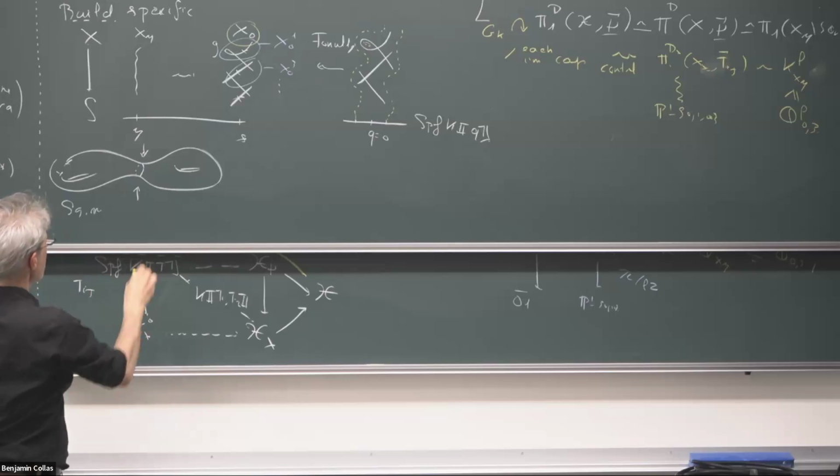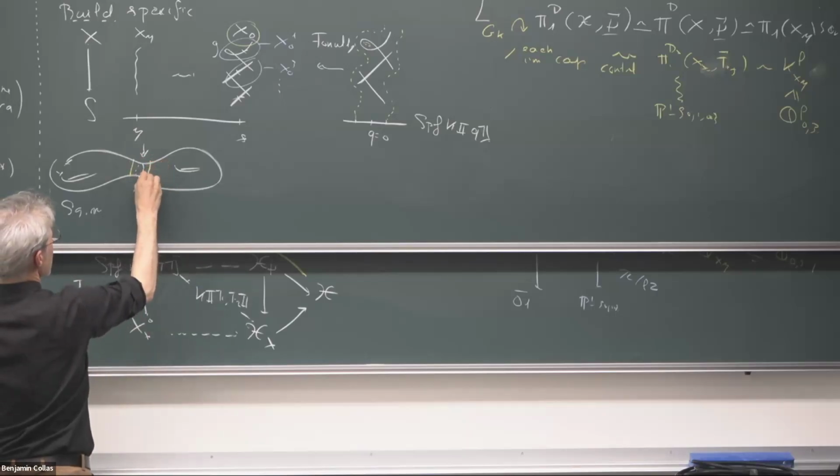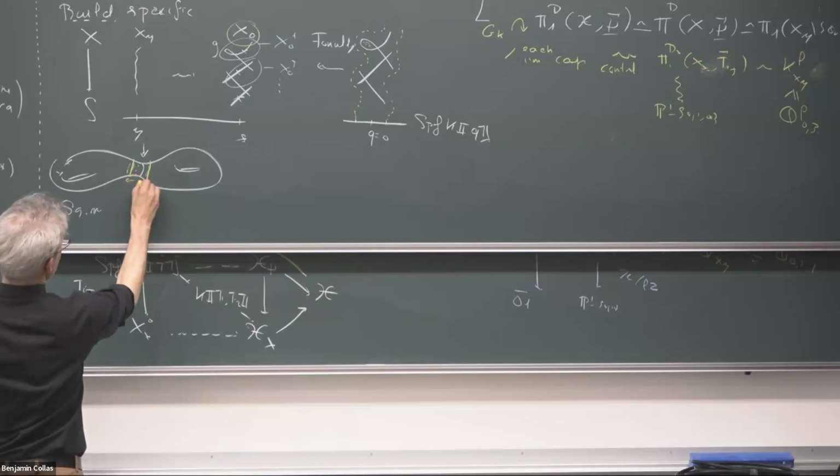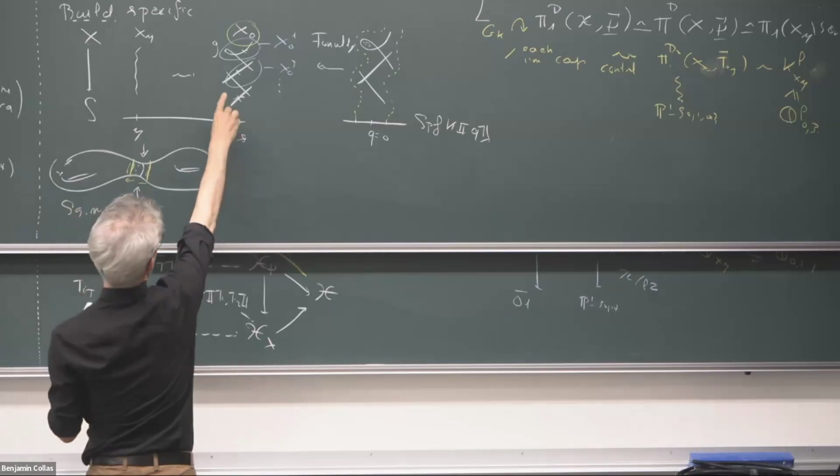And the annulus that you mention is some kind of distance between these shrunken things, somehow, or how you can glue again together when you go back.